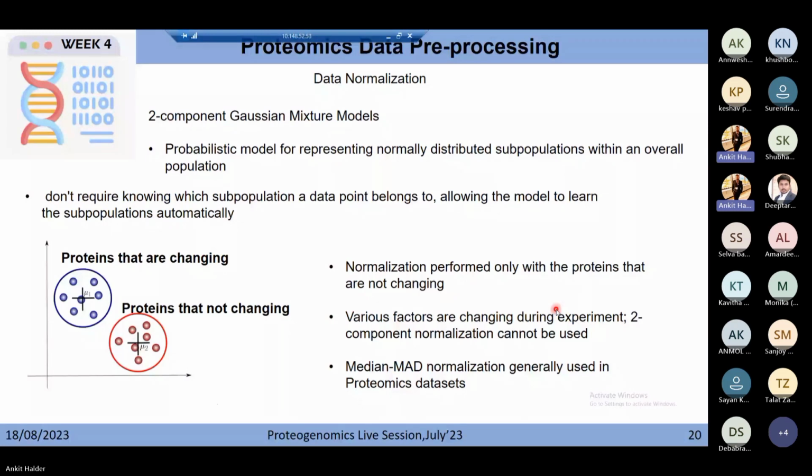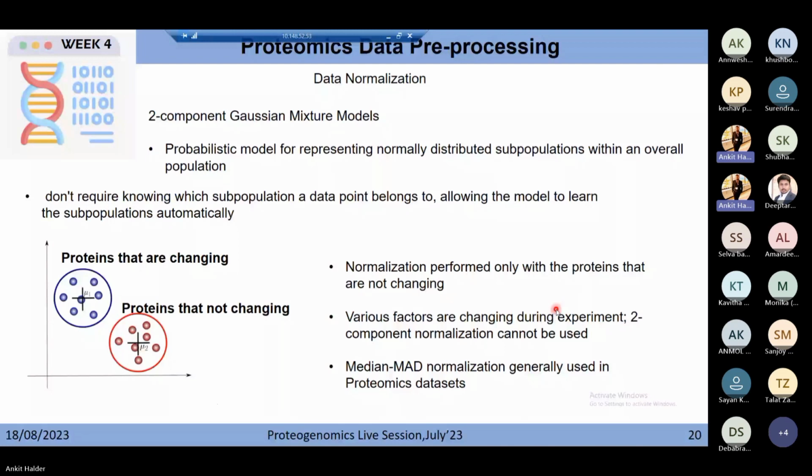Then the changes are not due to biological changes but due to technical changes. So then the two component normalization you cannot use.